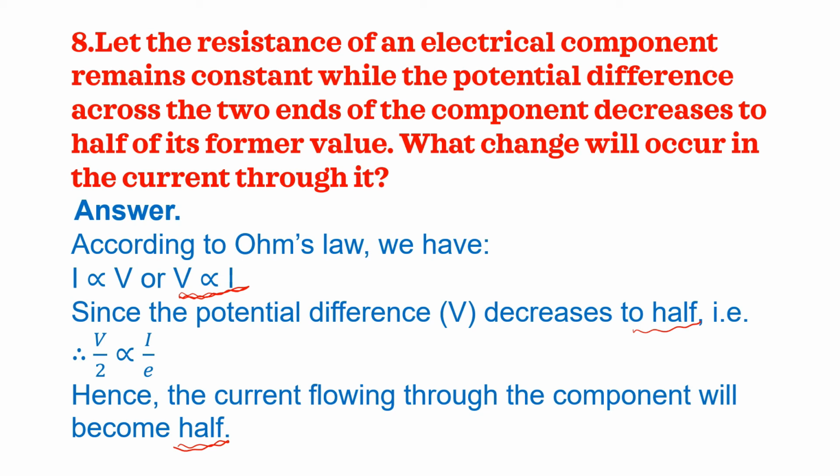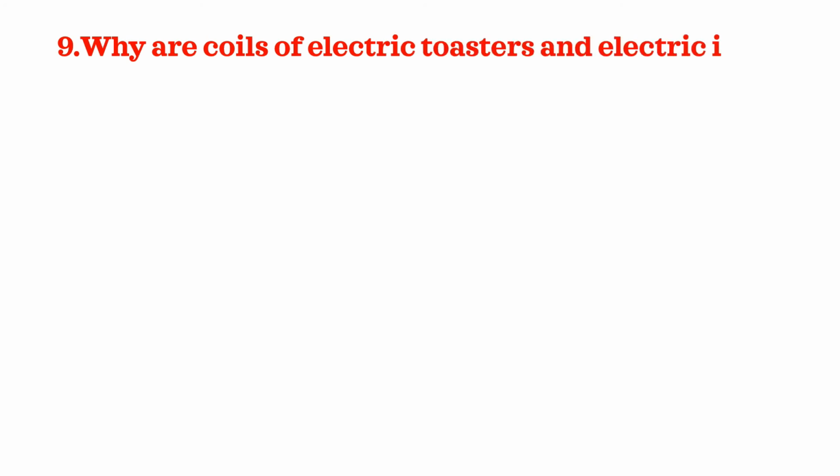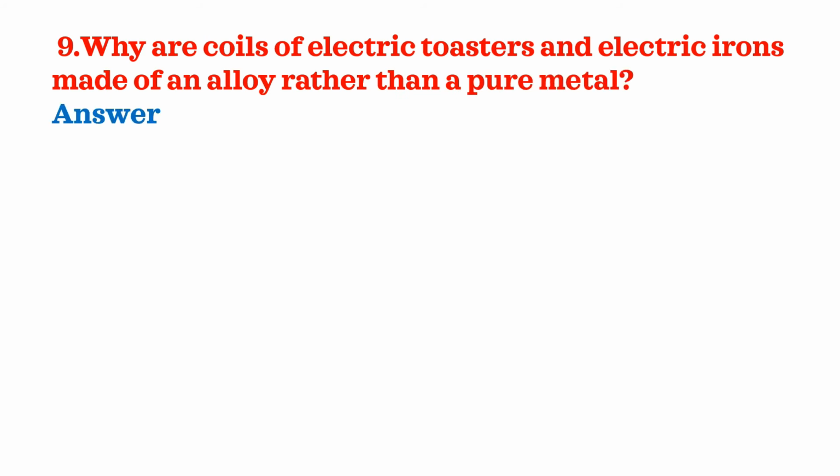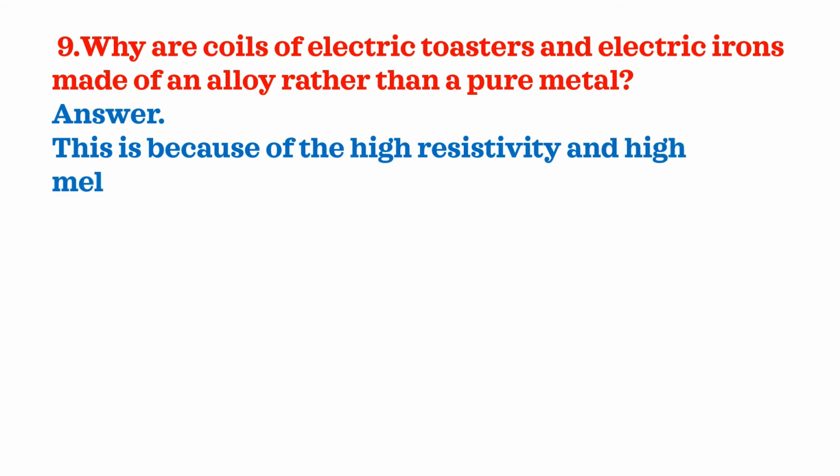Next, why are the coils of electric toasters and electric irons made of an alloy rather than a pure metal? This is because of the high resistivity and high melting point of the alloy.